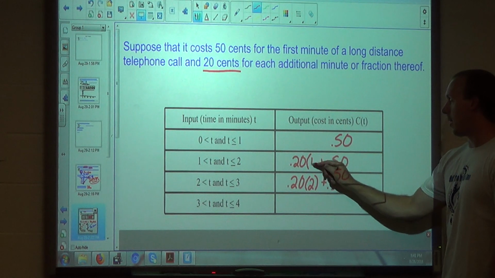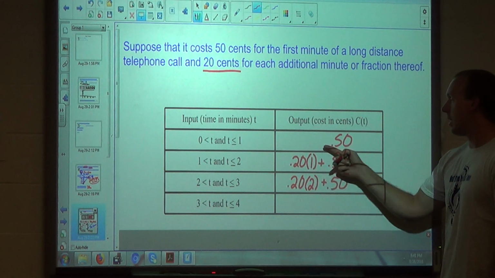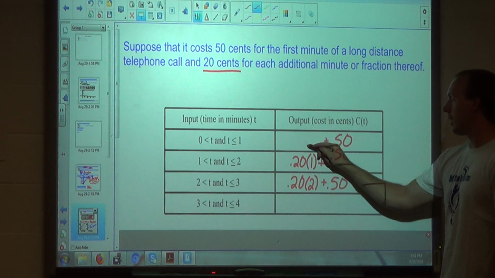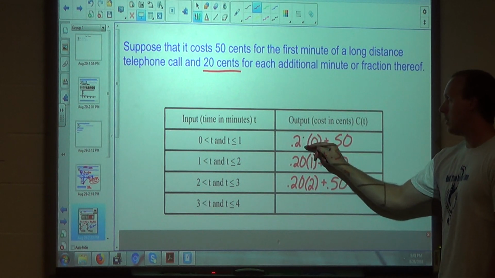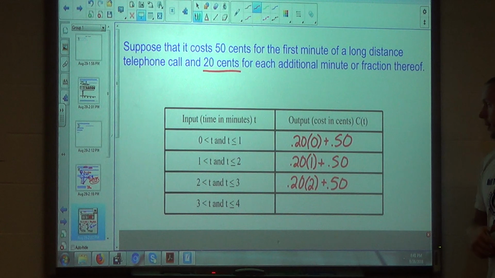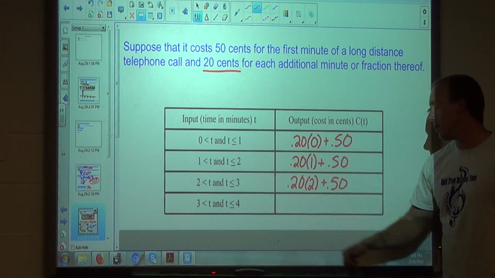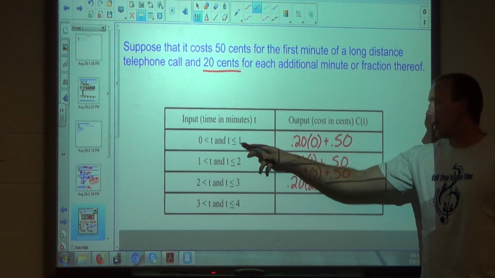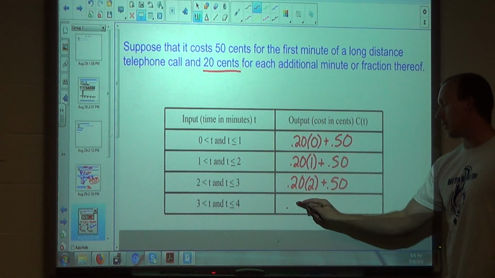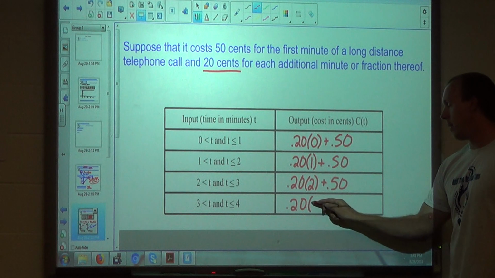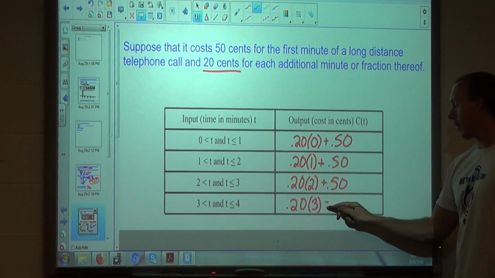On the first part, I actually just had 50 cents, and guess how many 20 cents I technically have right there? I have 0 additional 20-cent minutes. If I started between here and here, I had 0, then 1, then 2. Between here and here, how many extra 20 cents would I have to pay? I have to pay 3 of them. Okay?